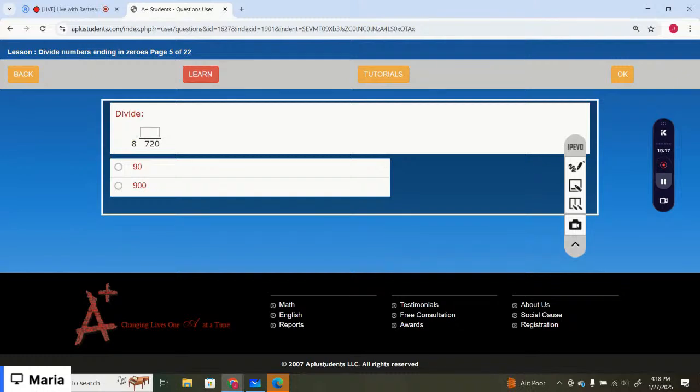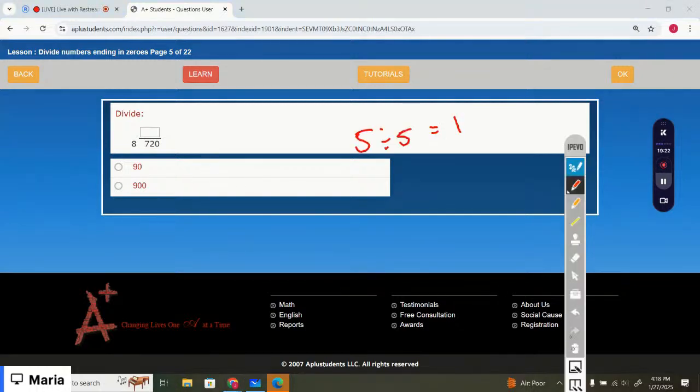720 divided by 8. You can count the table of 8 until 72. So 8 times what number is 72? 8 times 9 is 72.